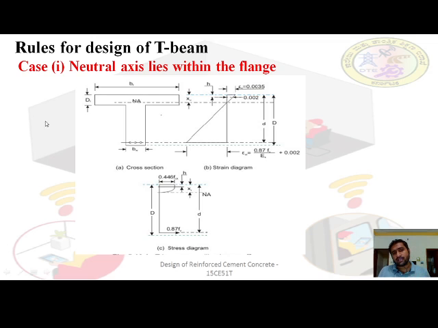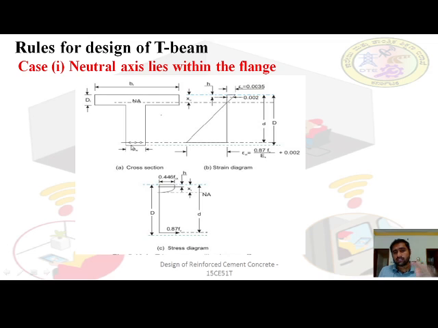Below the neutral axis, it is assumed that the concrete will be cracked and no longer carrying the tension force. Since the concrete is weak in tension, we are going to provide the reinforcement. The concrete below the neutral axis will be cracked and not contributing; it will just act as a bonding medium.